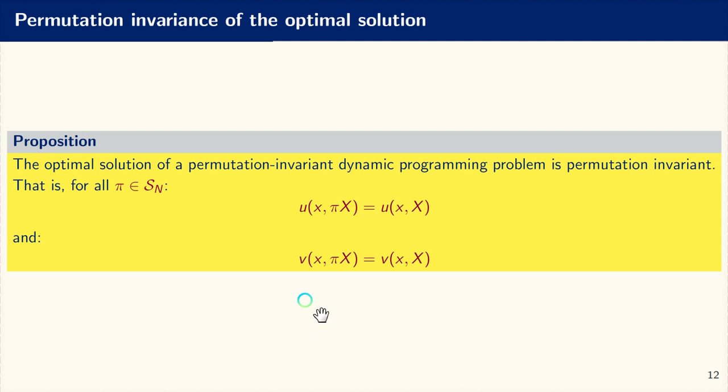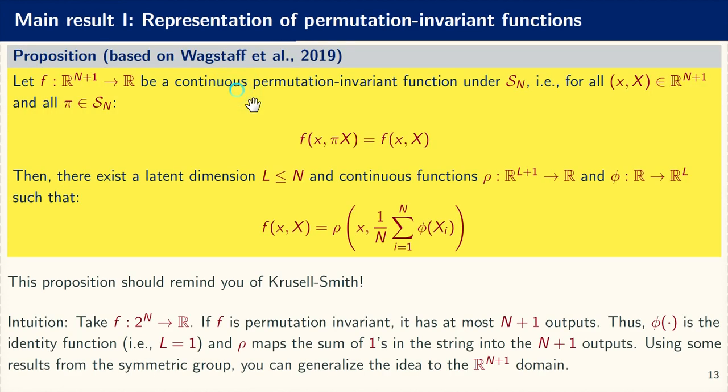Okay, why is this useful? Why is it useful to know that your control and your value function are permutation invariant? Because then you are going to be able to apply main result 1 in our paper, which is about the first aspect of the curse of dimensionality, which is the representation of permutation invariant functions.